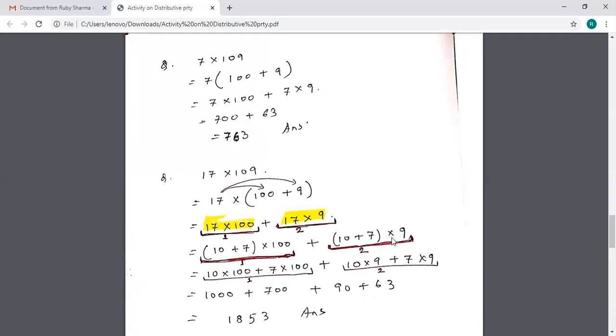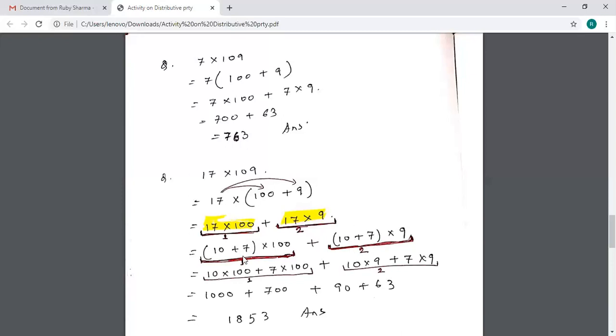Whether it's on the left or on the right, it will be distributed to both the numbers within the brackets, provided it is multiplied by the number.